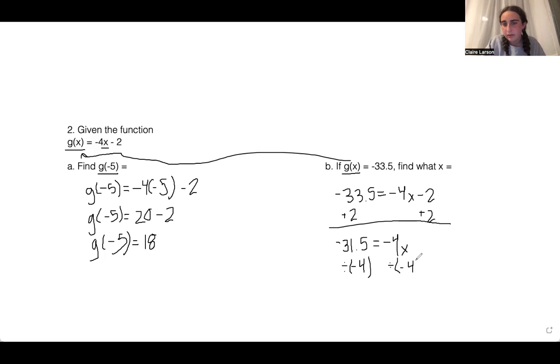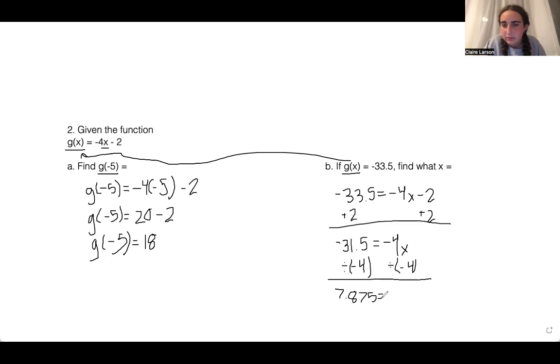Negative 4. Cool. So now I'm going to need to use a calculator. Let me just get that up. I'm going to plug this in. So I'm going to say negative 31.5 divided by negative 4 equals, not a very fun number, but that's okay, 7.875.